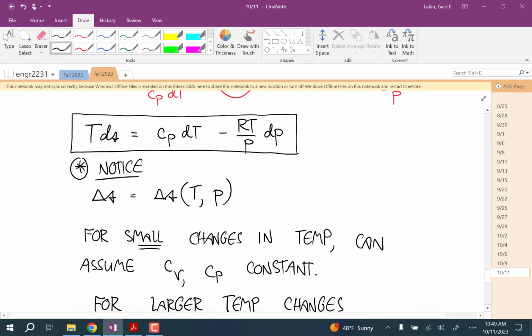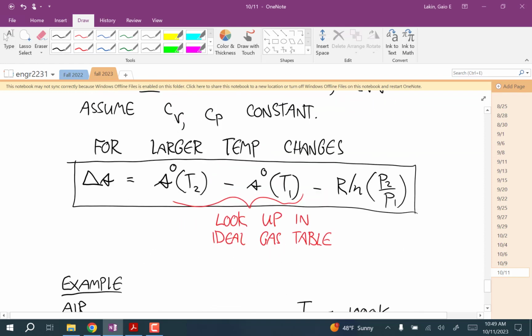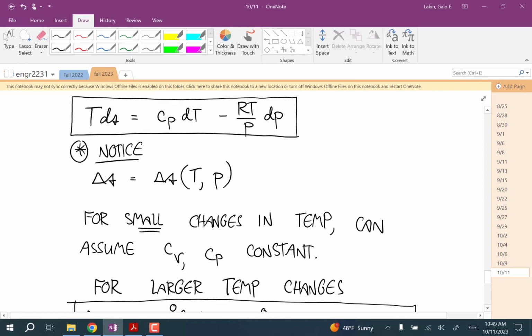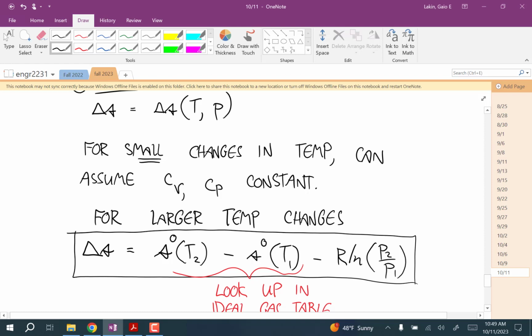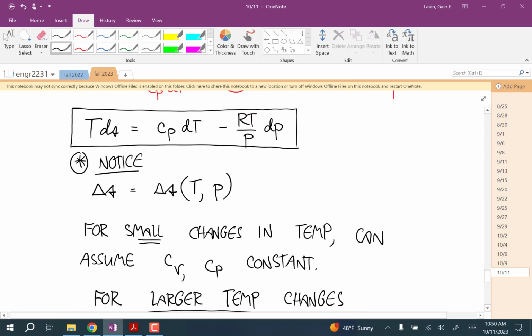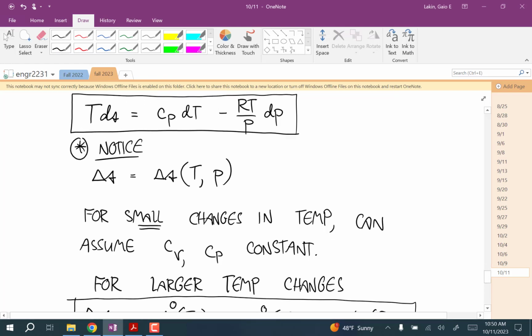You can think of the definitions of these S zeros as just coming from integrating this divided by temperature. So the definition of S sub zero would be like C sub P over temperature times the change in temperature.